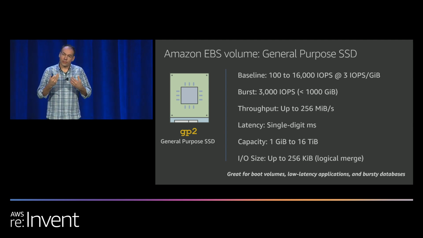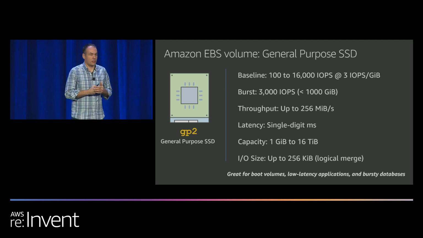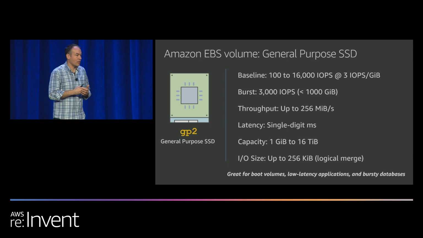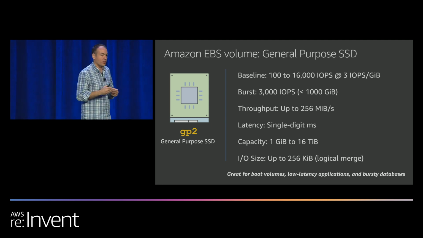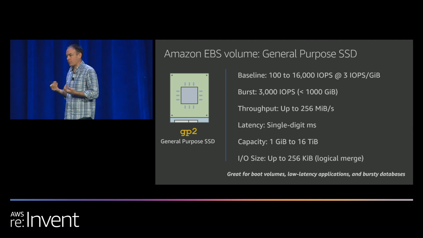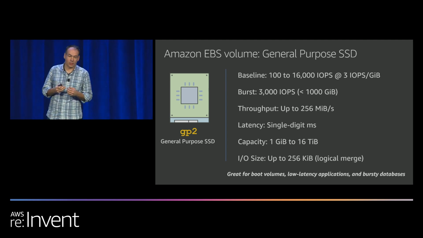And so it's got performance that scales with the size of the volume. Part of our data collection told us that the more data you have, the higher performance needs you have. And so this is 3 IOPS per gigabyte is what it scales at. For smaller volumes, you get a burst capability of 3,000 IOPS. For throughput, this is up to 256 megabytes per second.